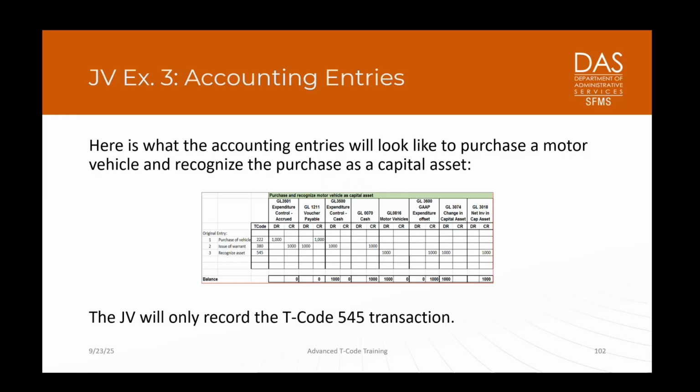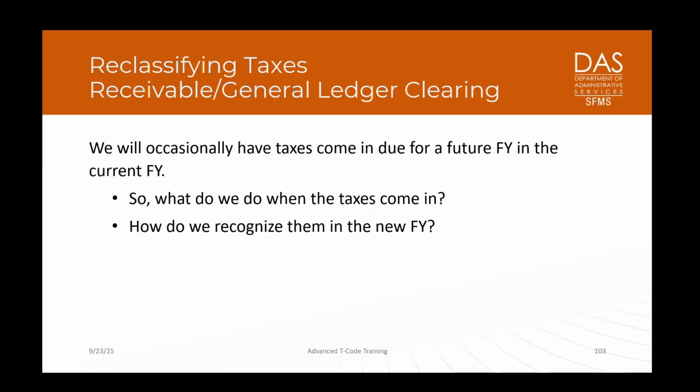And GL 3018, net investment in capital assets, is a credit, because that's counted as an investment. I don't know, with the current inflation, whether it's really an investment, because when you buy a vehicle, it just crashes quickly in the first mile.